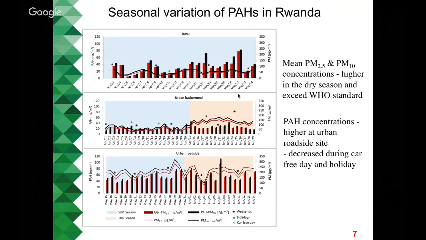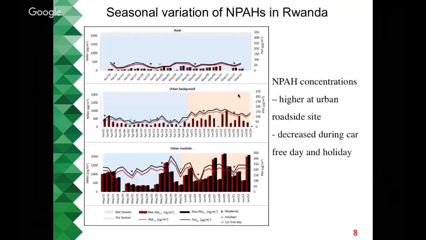The same trend was found also for NPAH. For NPAH as well, the highest concentration was found in urban roadside compared to urban background and the rural site. The rural site was really small compared to urban background because those NPAHs are emitted from vehicle emissions, so the rural site was not very high compared to urban roadside.